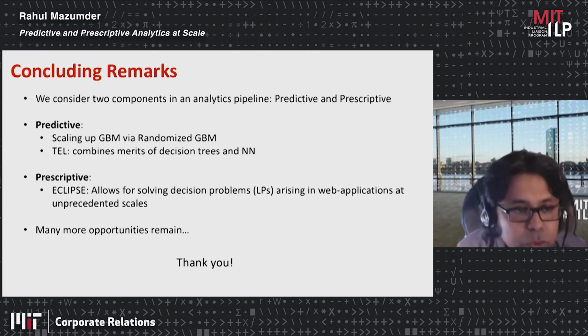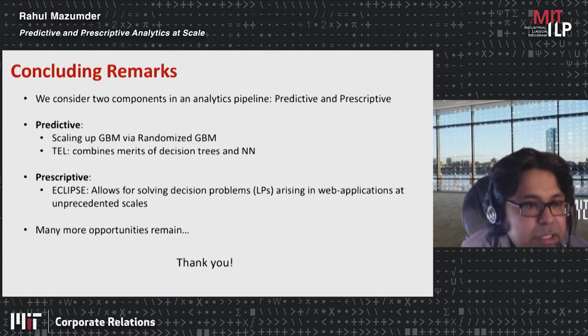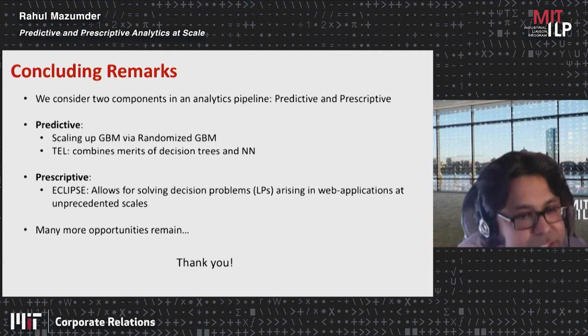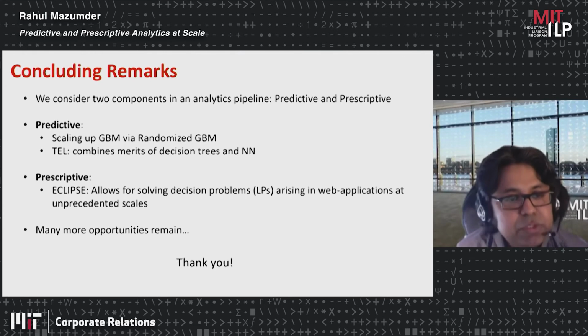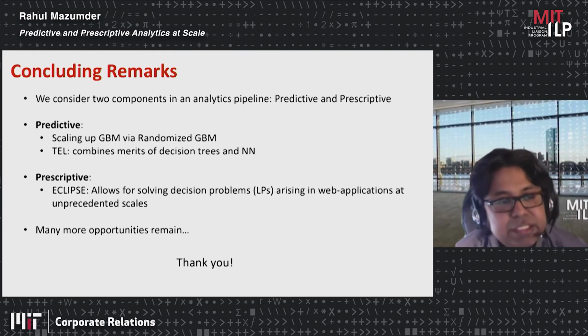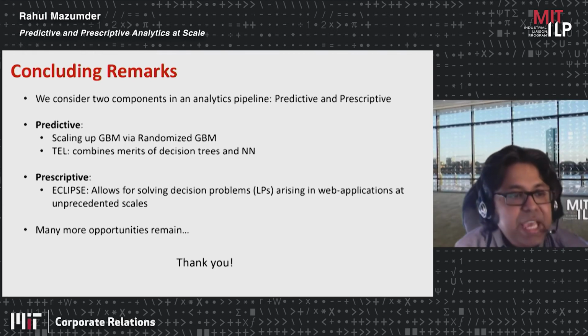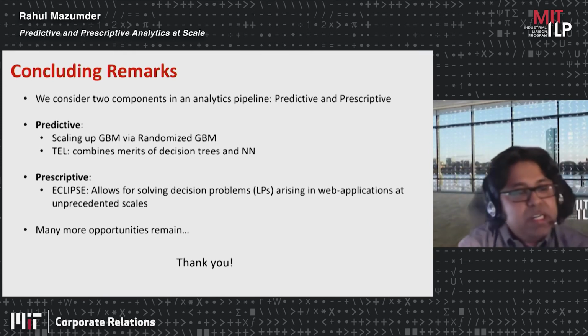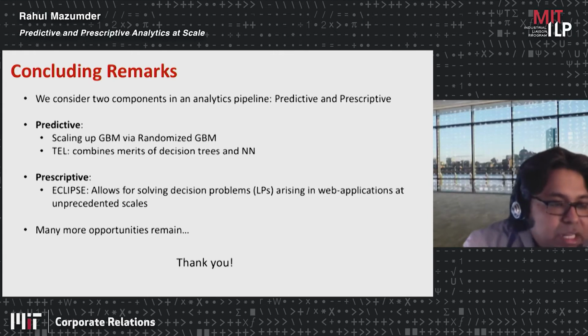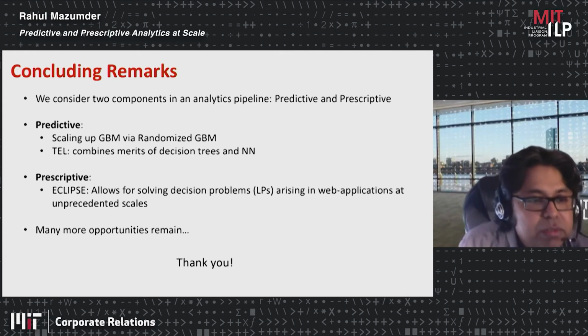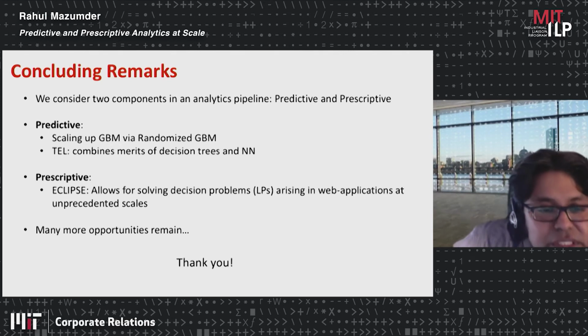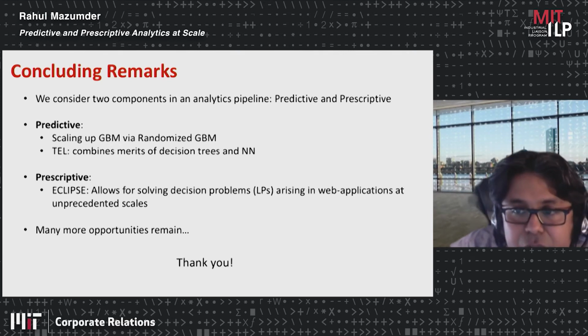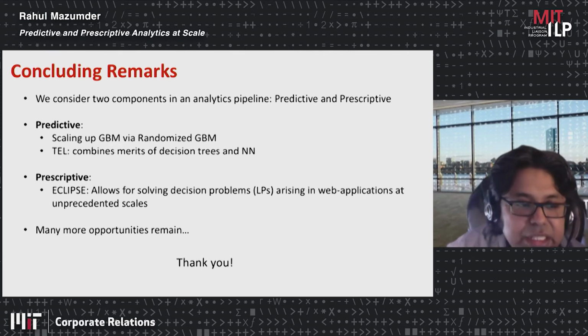And there is a close cousin of this, which is basically combining the power of decision trees with neural networks. This layer that we propose, which is TEL, can be used inside any neural network as a layer. The prescriptive part, which follows the predictive part, allows us to solve decision-making problems or LPs, which arise in pretty large-scale instances.